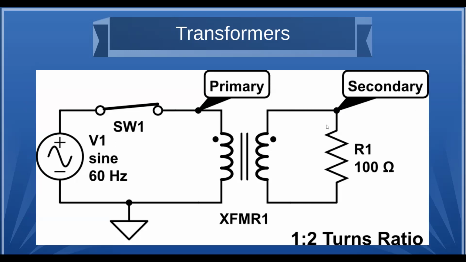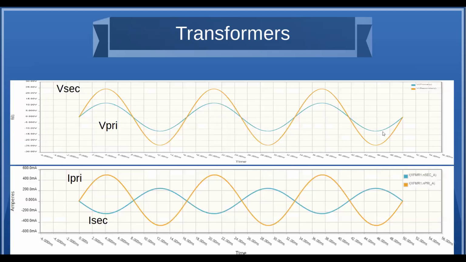Oh, yeah, this is just showing a typical transformer with a 1-to-2 ratio, and I plotted it. So the gold is the voltage on the secondary, and the blue is the voltage on the primary. And you can see that the primary is around 12 volts.